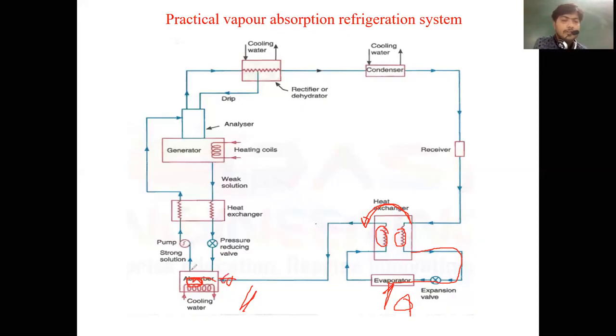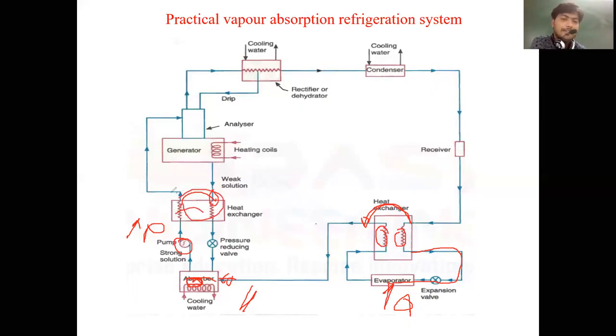This strong solution of ammonia and water is passed to the heat exchanger with the help of a pump, where the pressure is increased. In this heat exchanger, heat is transferred from the high temperature weak solution to the strong solution.